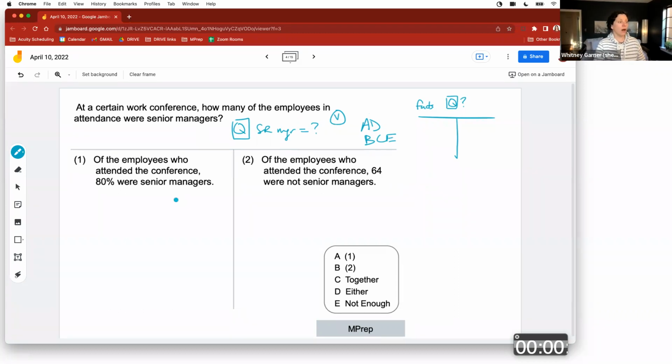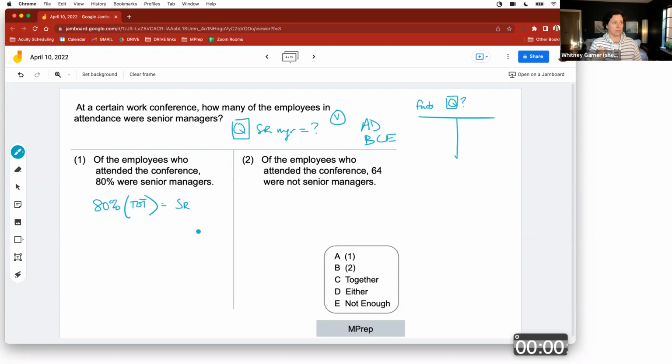Statement 1, of the employees who attended the conference, 80% of the total, so I might write this algebraically as 80% of the total are senior managers. Now, variables don't have to be a single letter. Variables can be words. So I would caution you against going back to your 7th and 8th grade, 12-year-old and 13-year-old math, where you turn everything into an X and a Y, because X and Y aren't always intuitive.